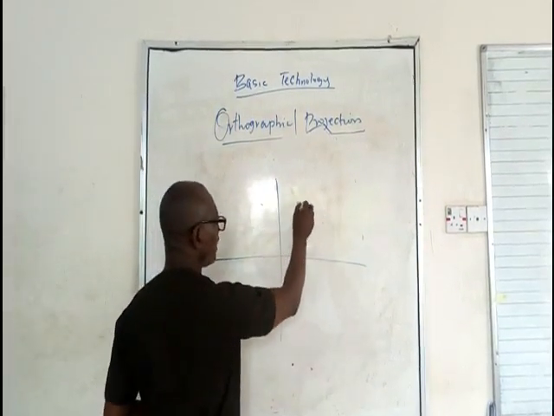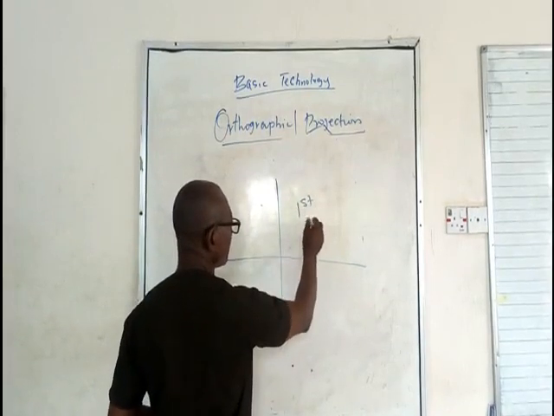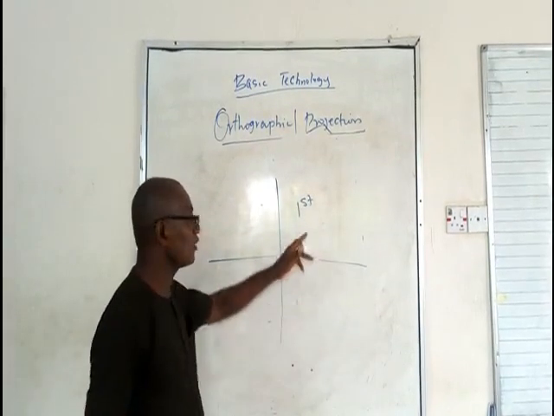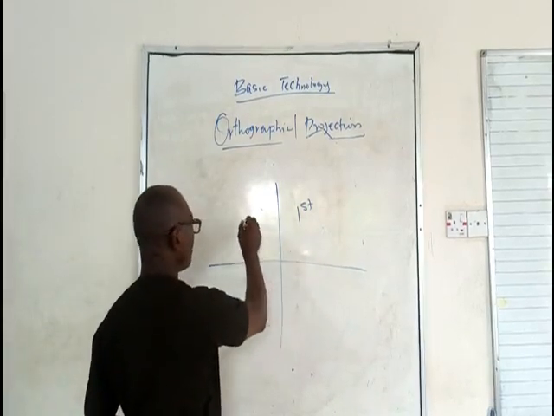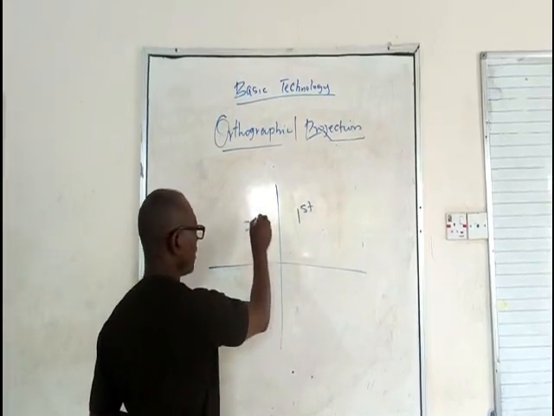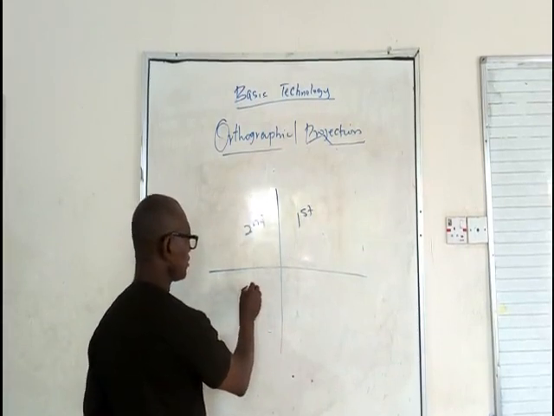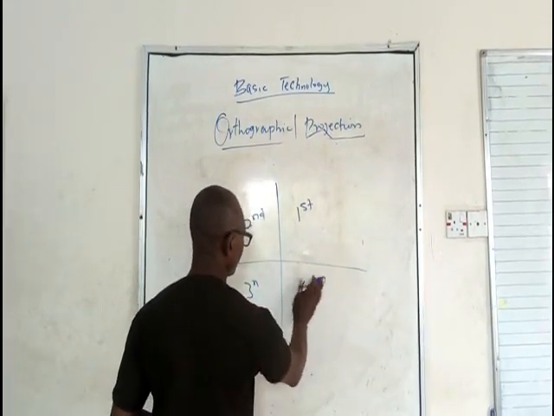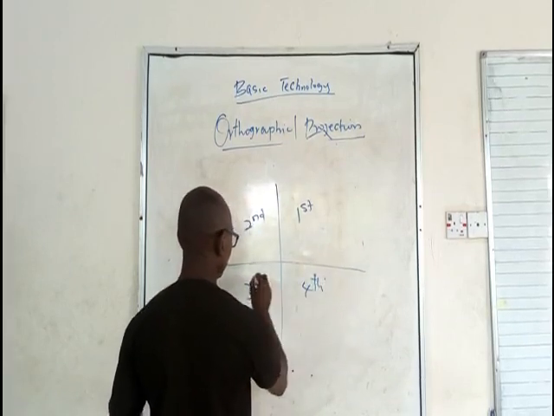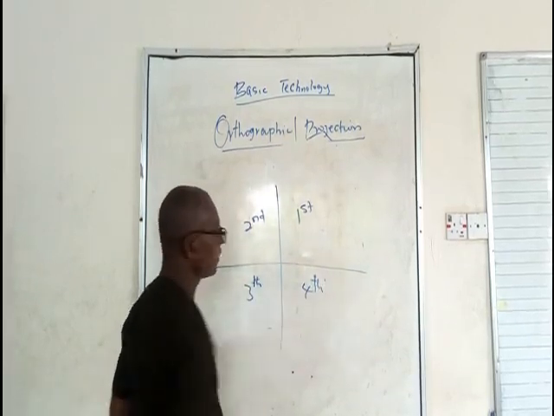Number one, we have here the first quadrant, which is also the first angle projection. And then we have here the second, and then the third, and then the fourth.